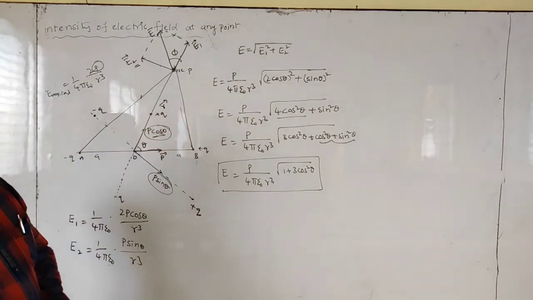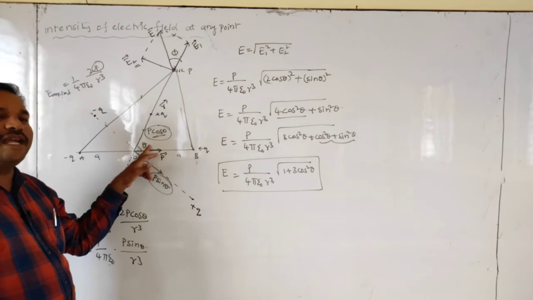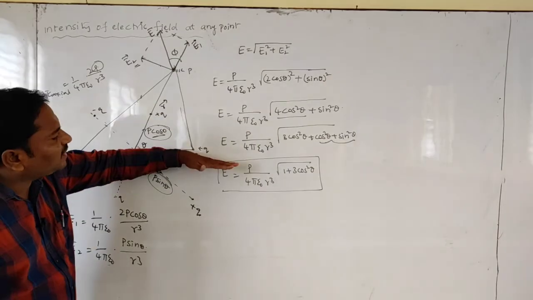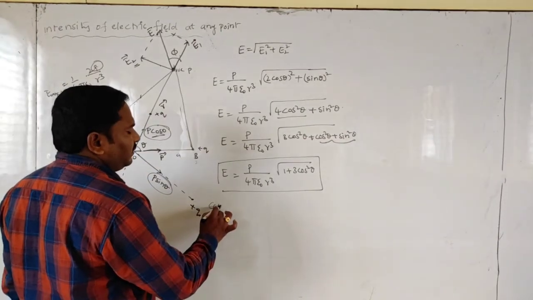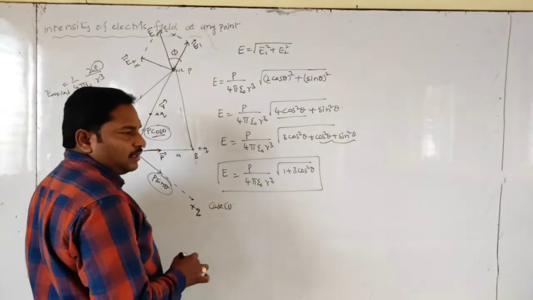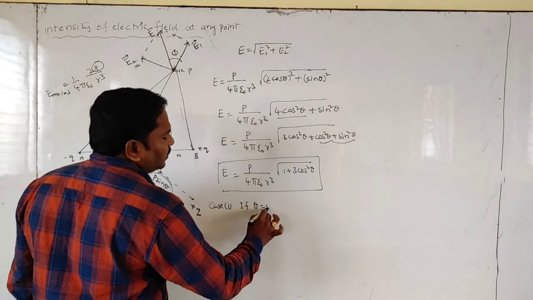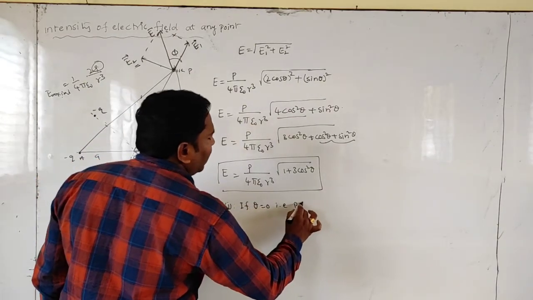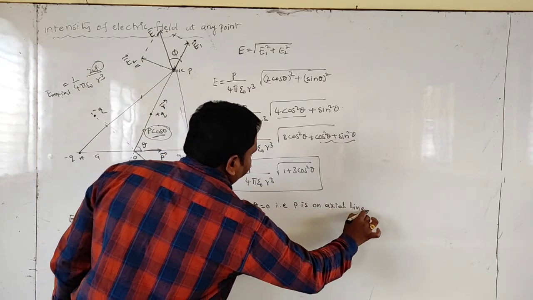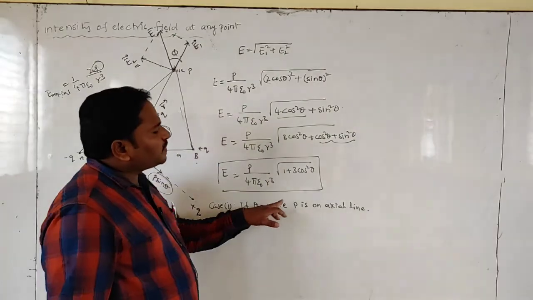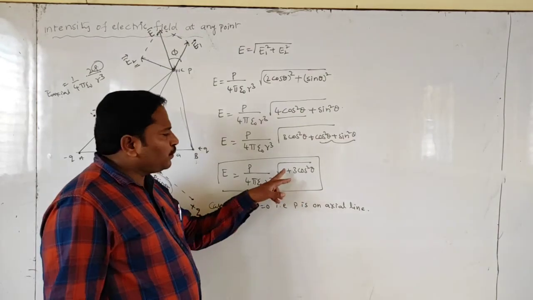Now we are going to find, if this point is at the equatorial line, what will be theta? It's 90 degrees. If this point is on the axial line, what will be theta? It's 0. Case 1: if theta equals 0, that is P is on the axial line. Substituting cos 0 equals 1, we get 1 plus 3, which is 4, root 4 is 2.